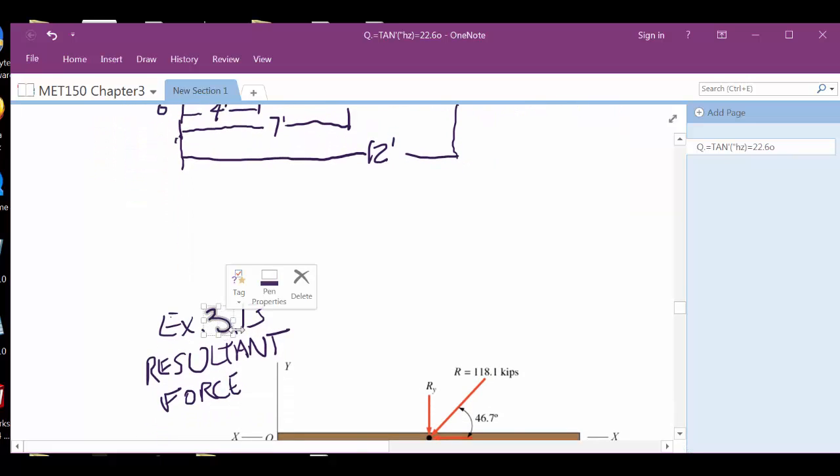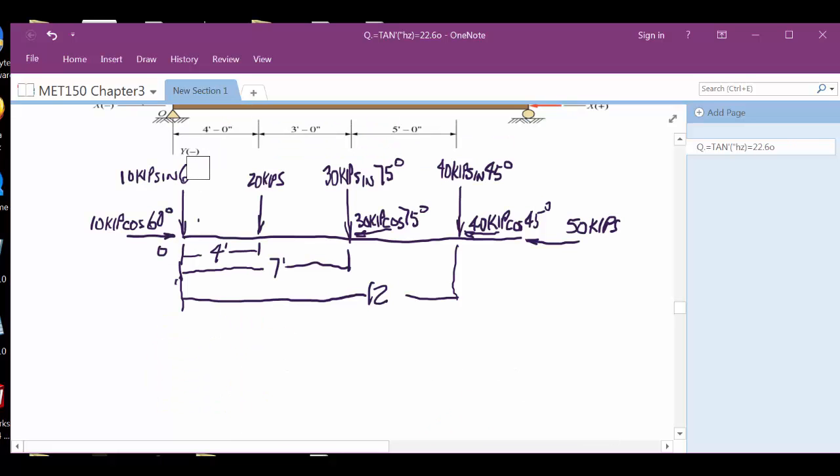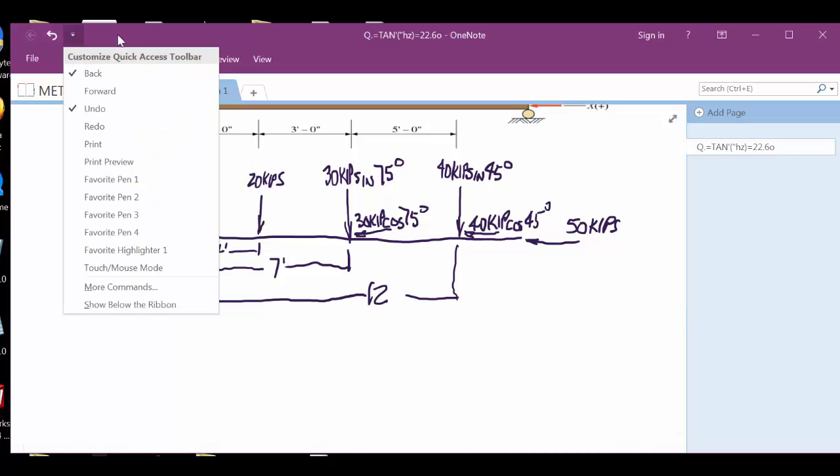Let's take, can I get this? I can't get it all. Daggone it. I'll have to erase it. Oh, no. Hit Control Z. There's a way to move it without erasing it all. Hit Control Z. Now I need to do a redo. Is there a redo?